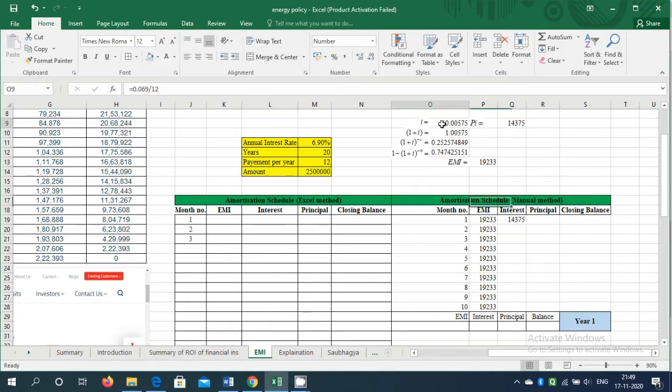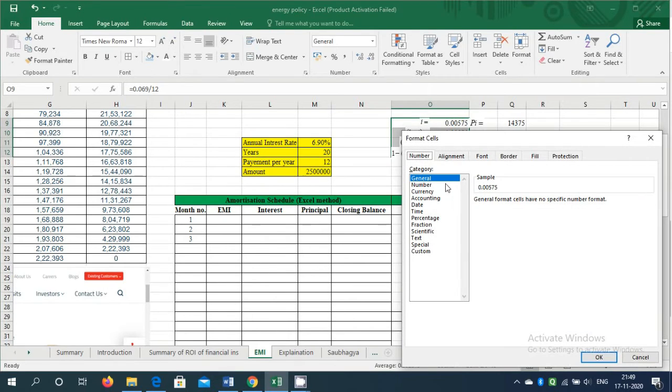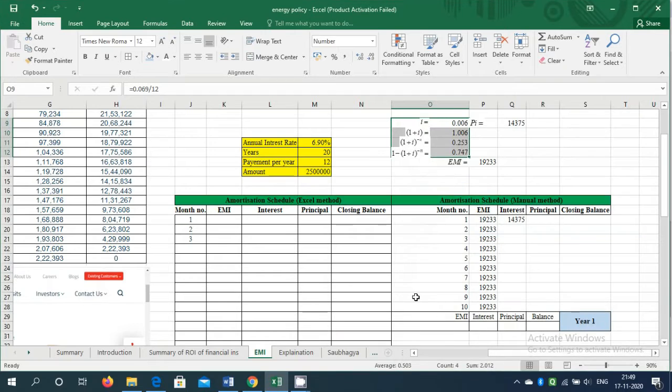Okay, let us format this thing also: format cell number, and let us make this 3 units. Okay, so now it has, okay, so after this principal amount I can calculate.